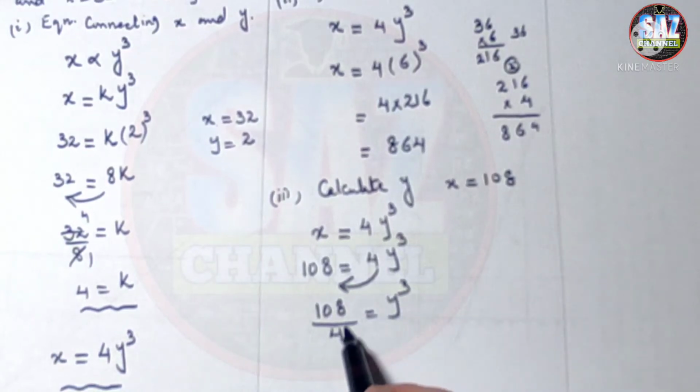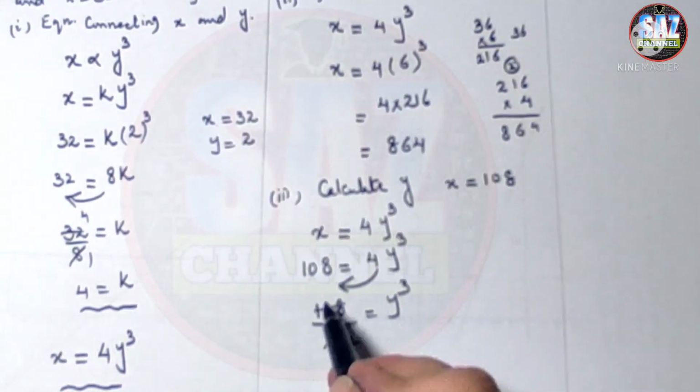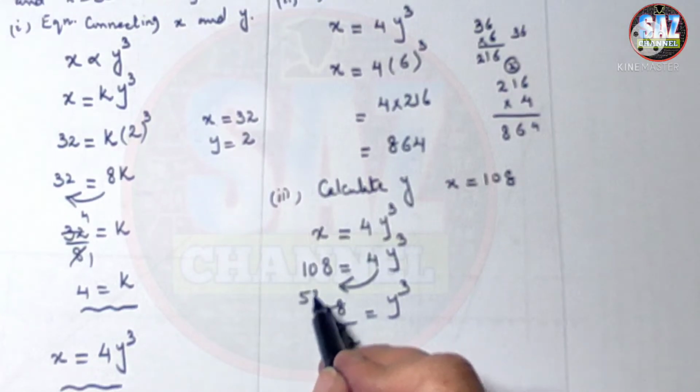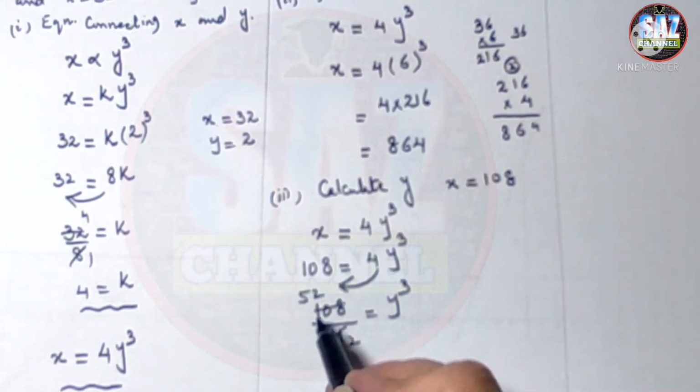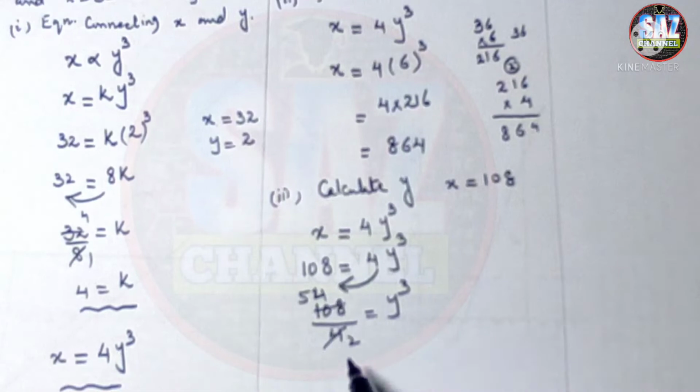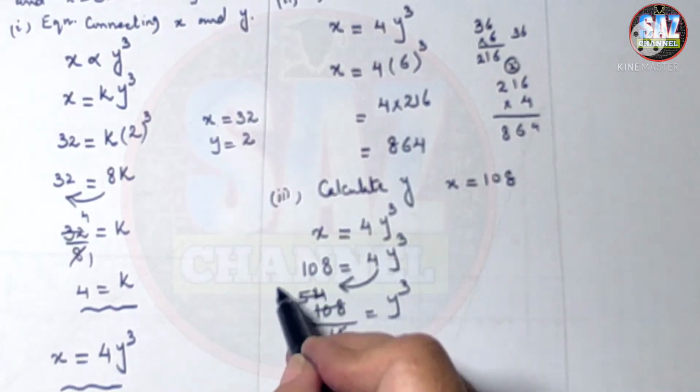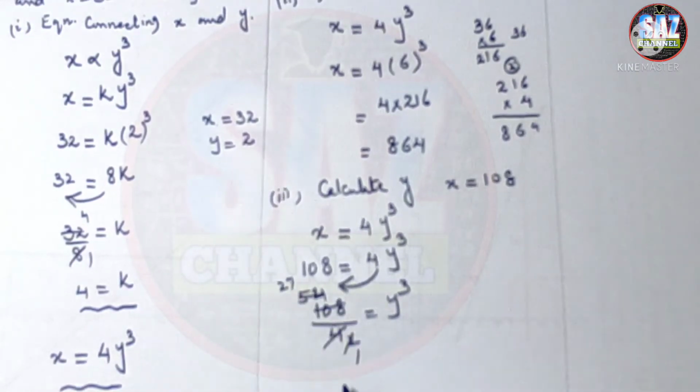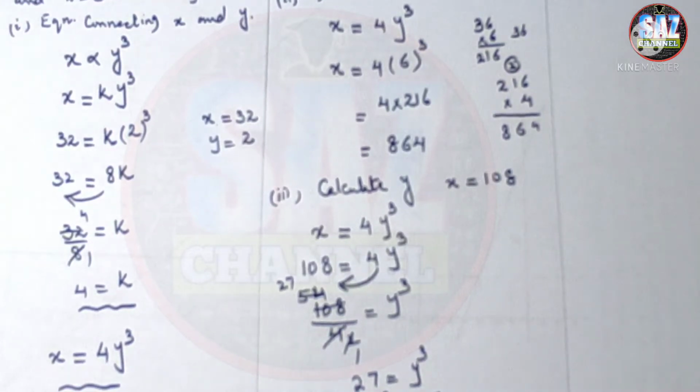And now table reading, 2 2s are 4, 2 5s are 10, 2 4s are 8... 2 2s are 4 and 2 7s are 27, equals y cube. Again, y cube equals 27, and we need to find the value of y.